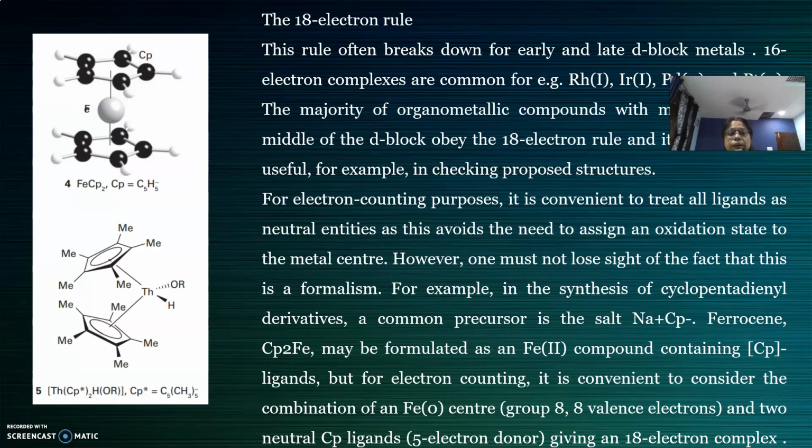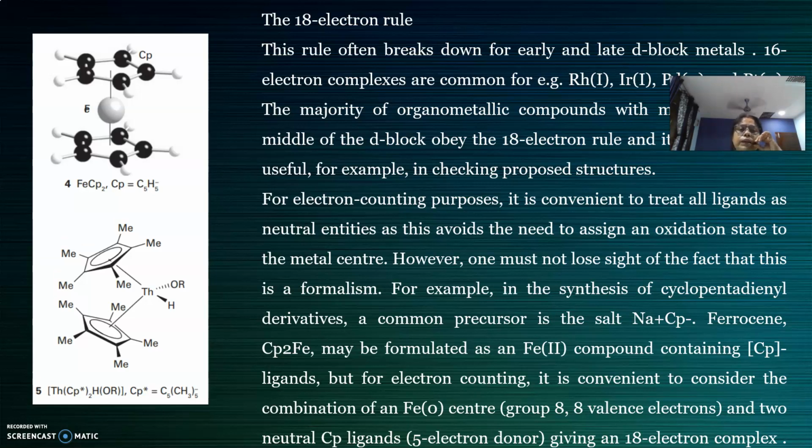That means whenever a particular molecule or covalent compound has 8 electrons for all the elements participating in it, then it will be highly stable. Same is the case with organometallics also. If the total number of electrons in the organometallic compound turns out to be 18, then that compound is found to be extremely stable.